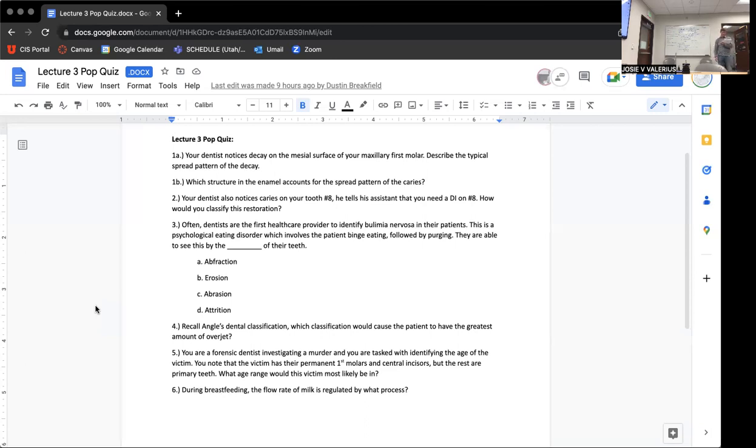So right here, this cervical area where the root goes up to the crown, they don't have that. The roots are just poking right off of that. What else about the roots is different about the primary teeth?